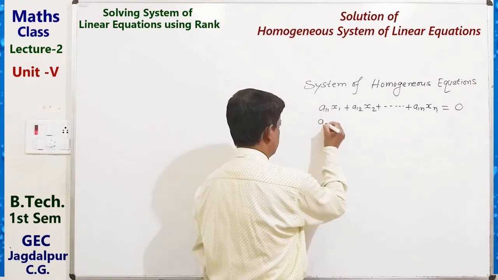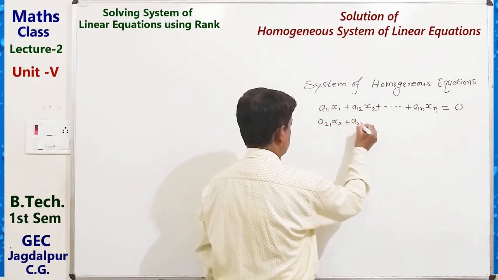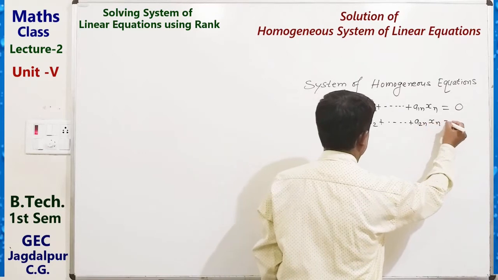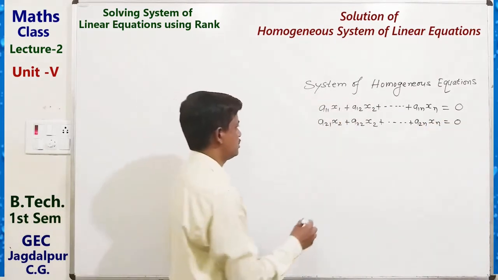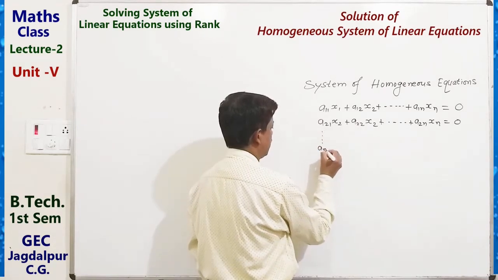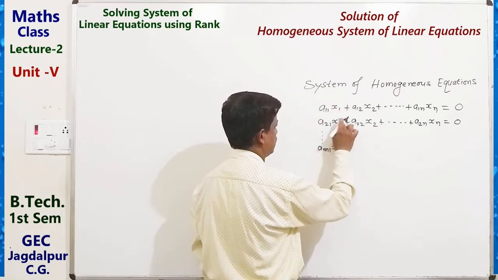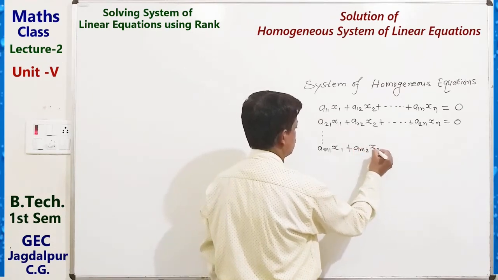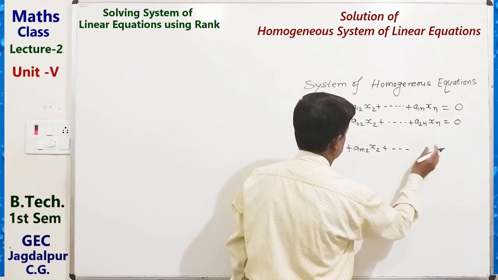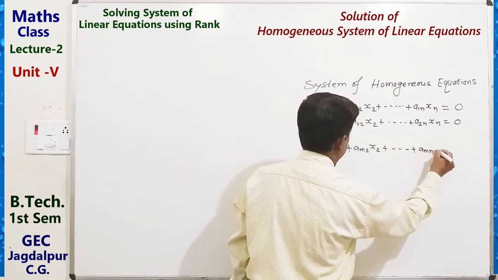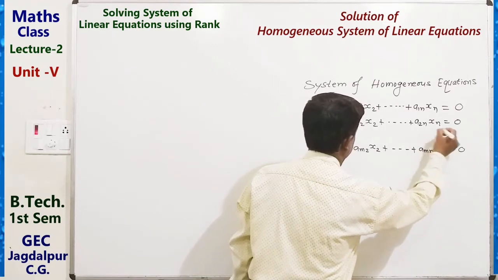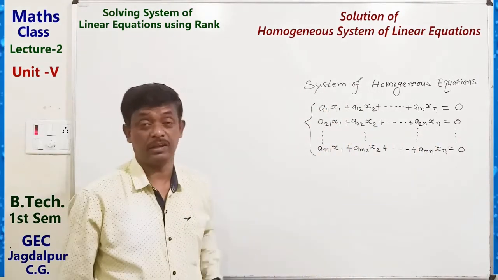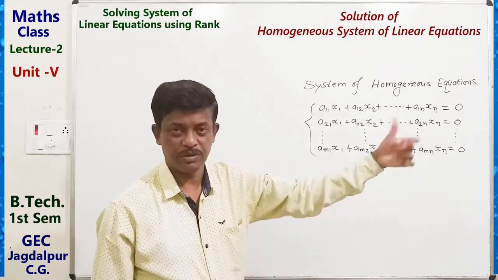Similarly, a21 x1, a22 x2 up to a2n xn equals 0. With n unknowns, we can take m equations: am1 x1, am2 x2 up to amn xn, where the constants equal 0. These are m equations. In place of the right hand side matrix B, we have the 0 matrix.